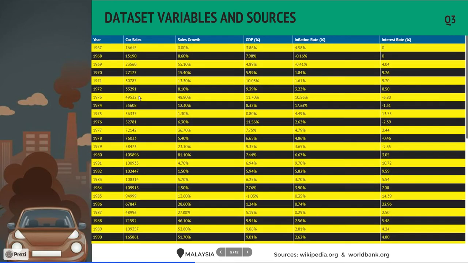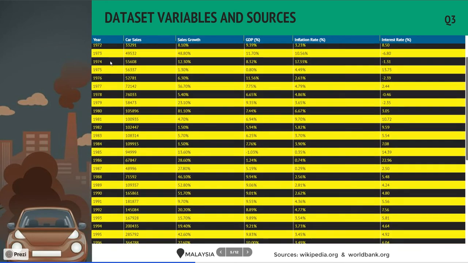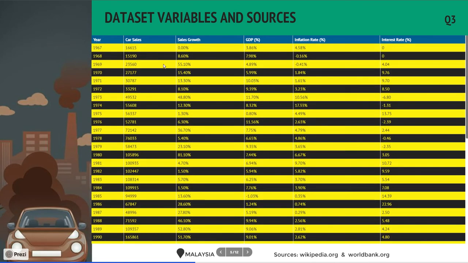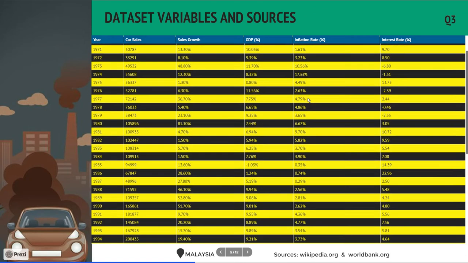The total number of observations is 50. Here, to analyze this data, I assume car sales as the dependent variable and the rest of the variables are independent.